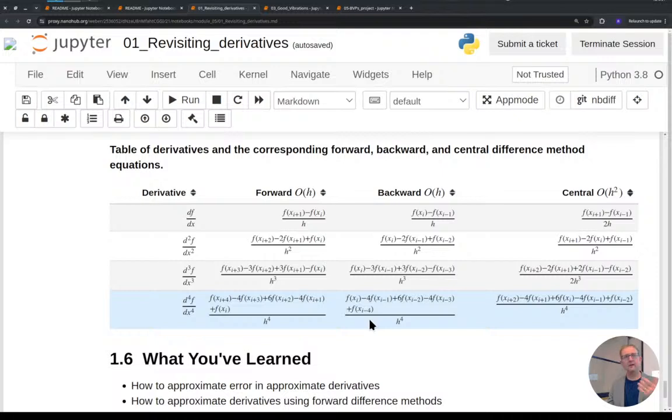Plotting it is where you're starting. Exactly. But then central, I think the even ones, second, fourth, sixth, eighth, are the same equations as forward, backward, and then the odd ones have a different equation.